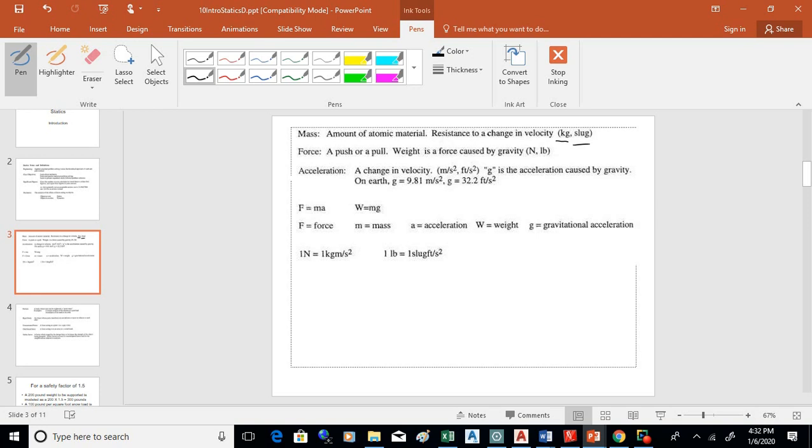G is 9.81 meters per second squared, or 32.2 feet per second squared, which is feet per second per second. Okay? Now, most of the problems we deal with here are going to be on Earth, so those are numbers that we want to be familiar with. Okay, 9.81 and 32.2, just depending on which unit system we're in.